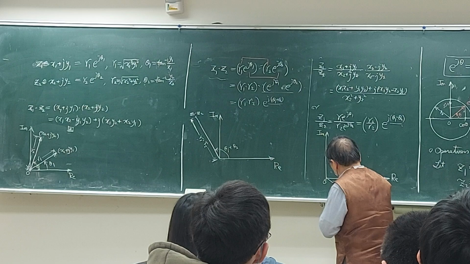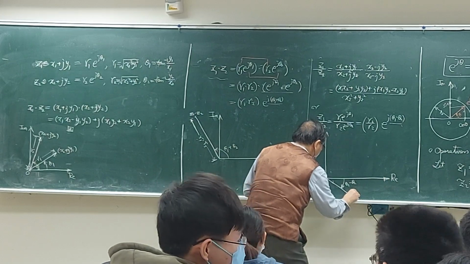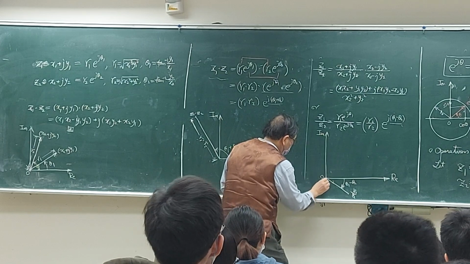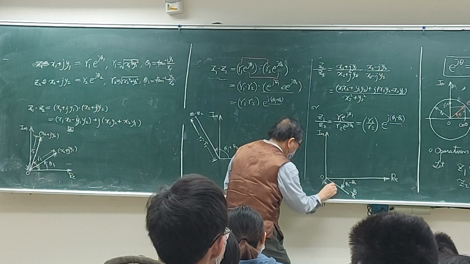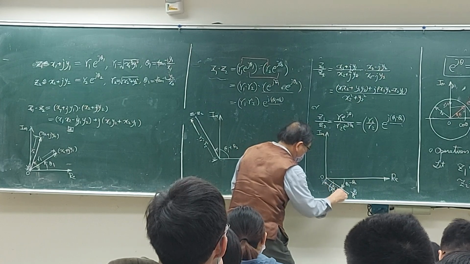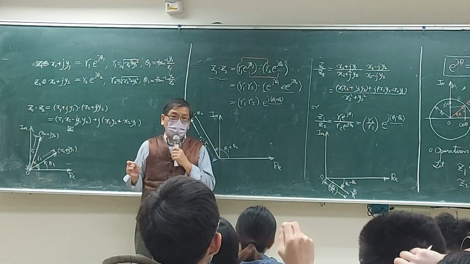And then the magnitude is simply the ratio R1 over R2. So it's easy to compute, right?